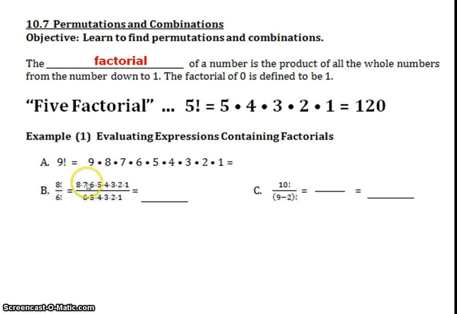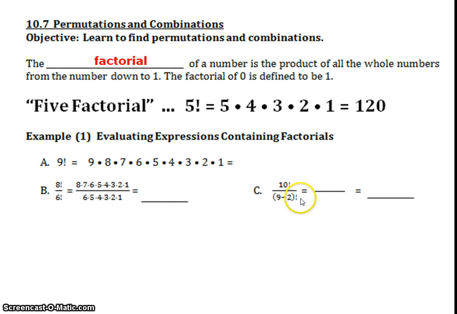Now you can simplify this before you go ahead and punch all these numbers in. We have 6 times 5 times 4 times 3 times 2 times 1 in the denominator. That will cancel out. That will divide out these numbers in the numerator. So we would only have left 8 times 7. So calculate that and write your answer here.